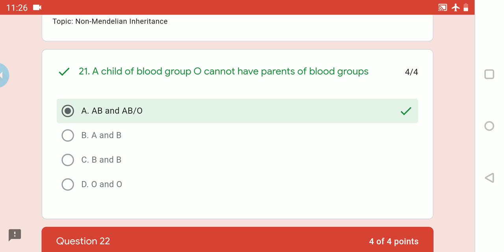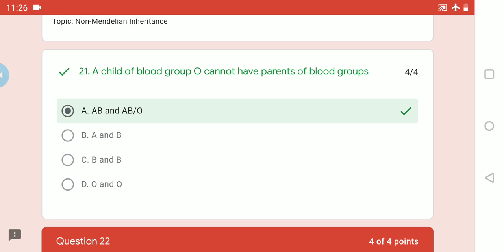Cannot have the parents means when the parents are AB blood group and AB or O, in the next generation there is no possibility of the O blood group. In F2 there may be a possibility, but in the immediate next generation, whenever AB crosses with AB or crosses with O, there will be no possibility of the O blood group. Did you get it? You can work it out. Just take AB.